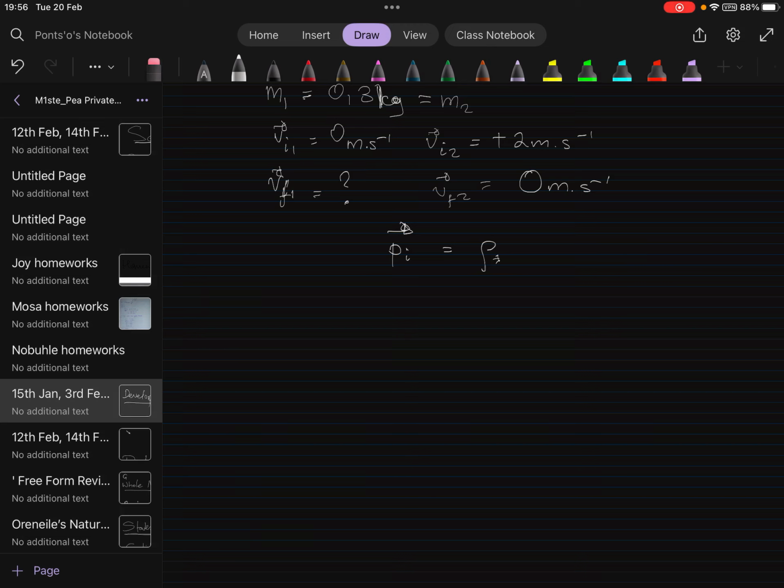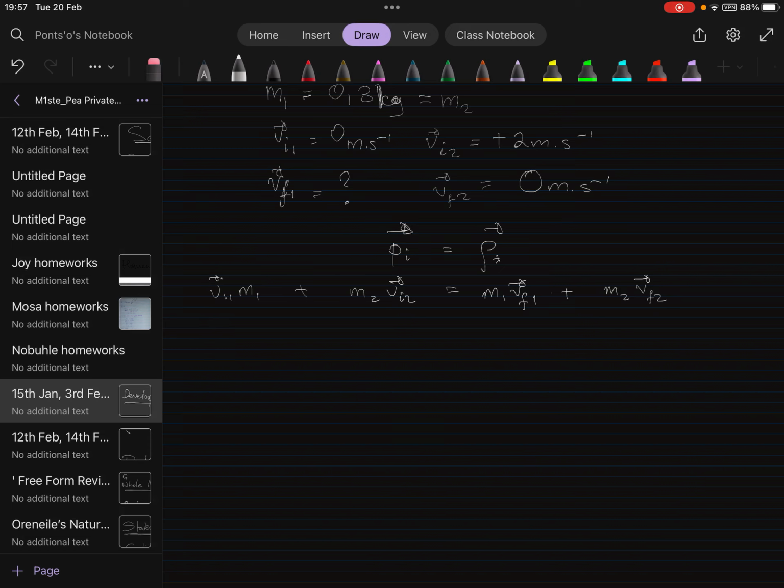Initial momentum is the same as final momentum, and our initial momentum is vI1 m1 plus vI2 m2, and that equals m1 vF1 plus the mass of the second object times the final velocity of the second object.